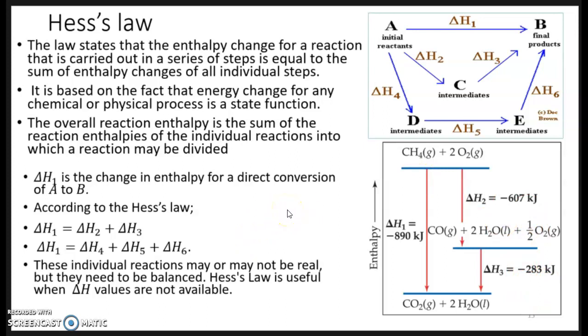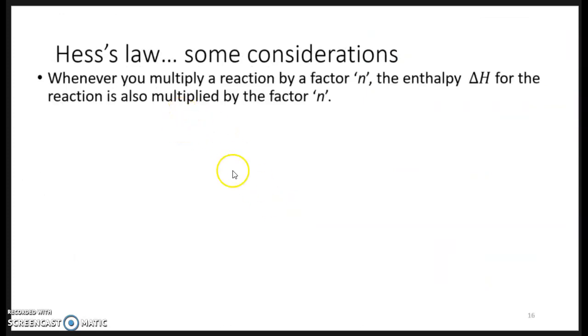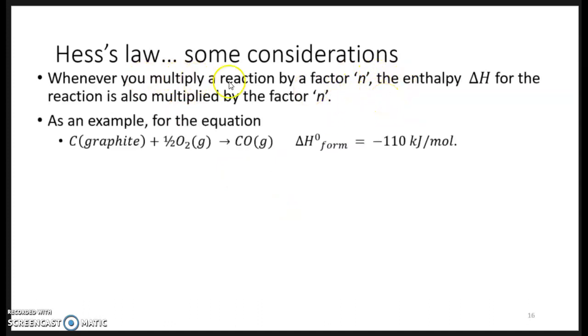When using Hess's law, we have to consider some properties of delta H, because it is an extensive property. Whenever we multiply the reaction by a factor n, then the delta H must also be multiplied by that factor. For example, the combustion of graphite to give carbon monoxide for 1 mole is minus 110 kilojoules per mole.